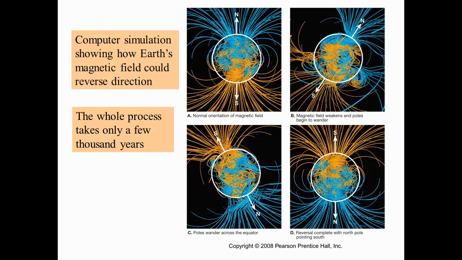And in doing so, the overall strength of Earth's magnetic field is going to gradually weaken as the poles migrate. And eventually there's going to be a flip where we get a reversal in the direction of the magnetic lines of force. And this overall reversal is only going to take a few thousand years based on these computer simulations.